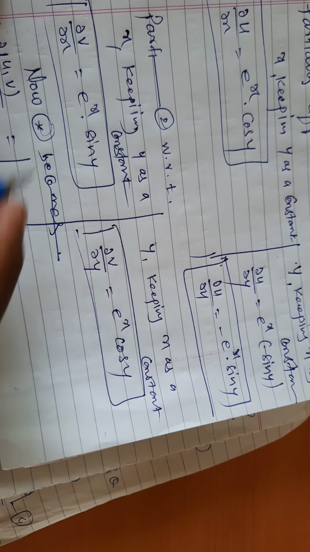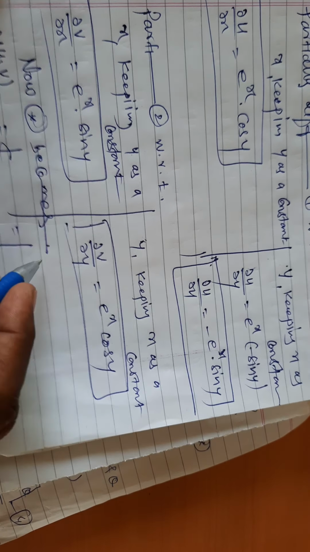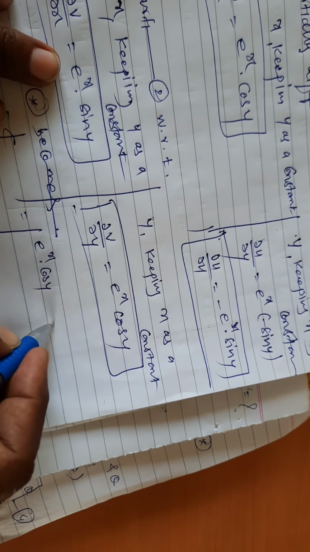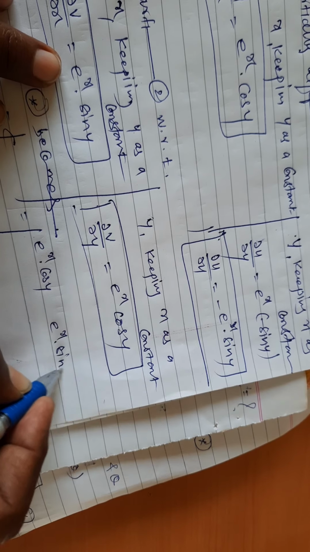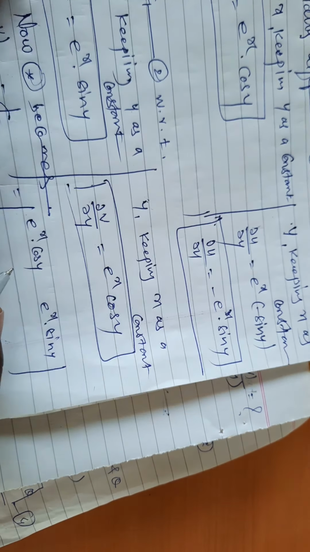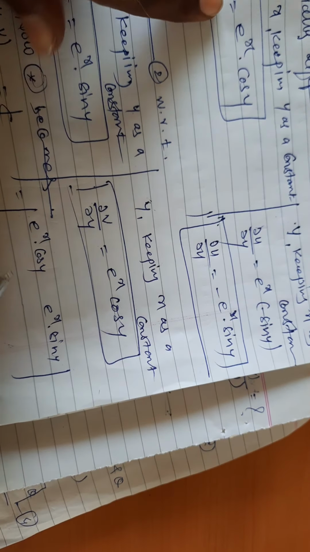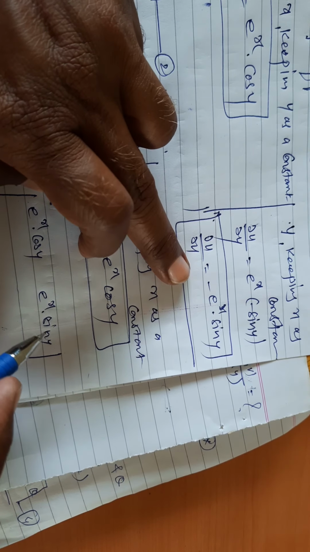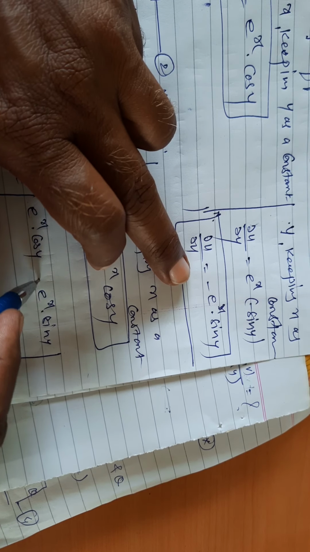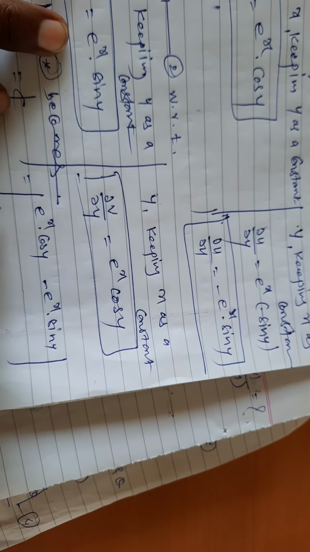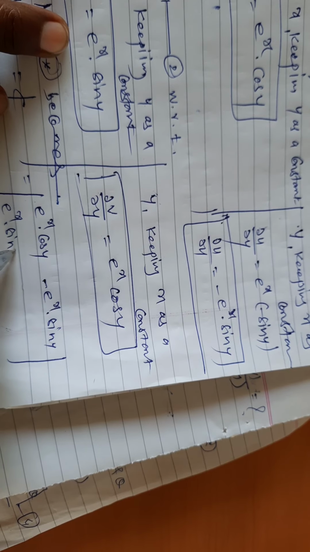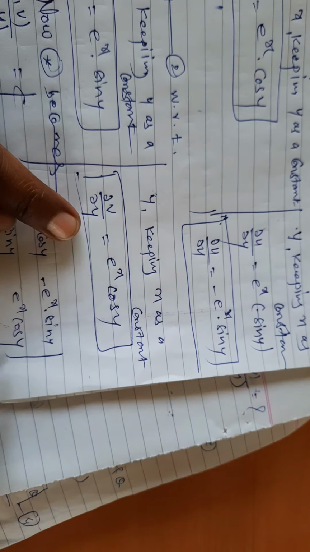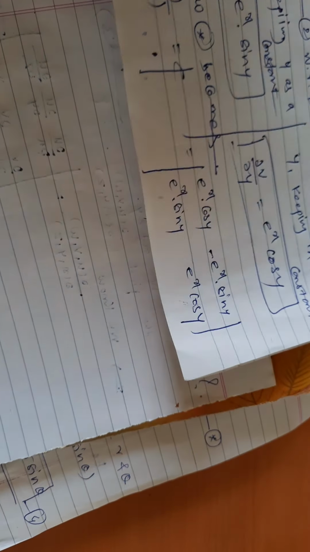First partial derivative, partial u by x is e raised to x cos y, and u with respect to y is minus e raised to x sin y. Partial v by x is e raised to x sin y, and partial v by y is e raised to x cos y. Now take the determinant of this.